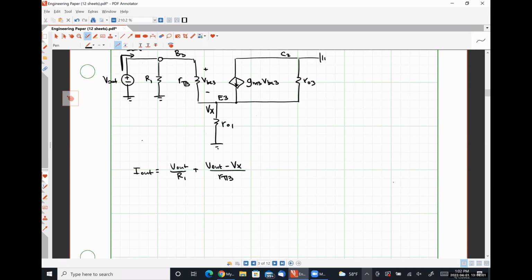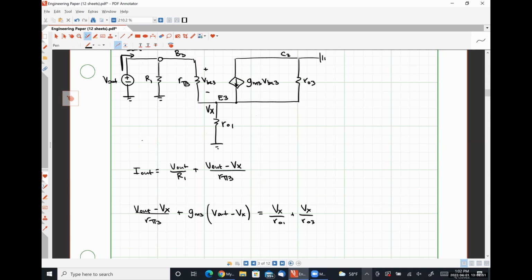So let's say we have here V out minus Vx over R pi 3 plus GM3 VBE3, which we know to be V out minus Vx, is equal to Vx over R naught 1 plus Vx over R naught 3.